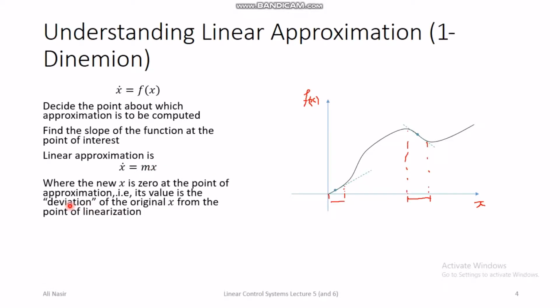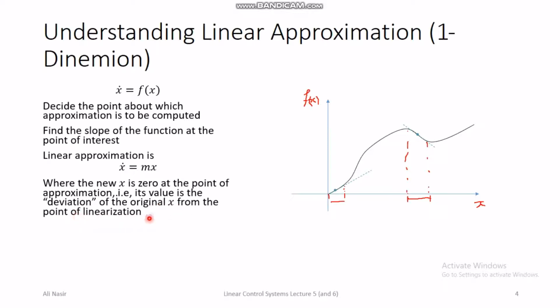The new x in the linear approximation is a shifted version of the original x. Whenever the original x is equal to the value at this point, we take this point to be the new reference for x in the linear approximation. So this new x is 0 at the point of approximation. Its value is the deviation of the original x from the point of linearization.